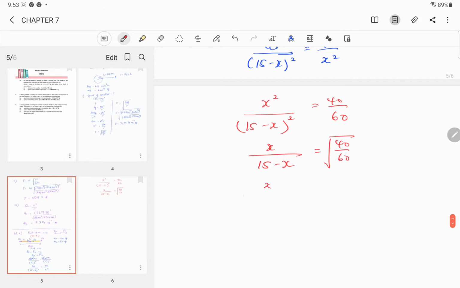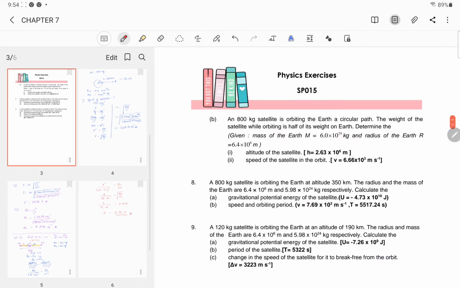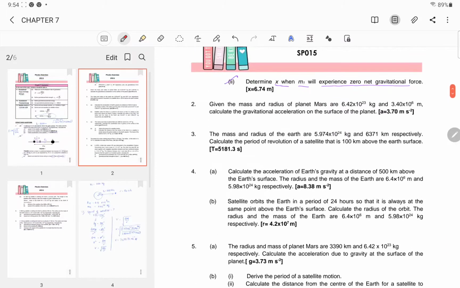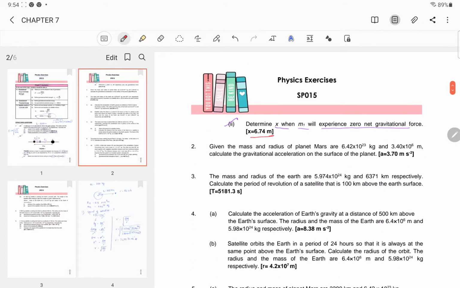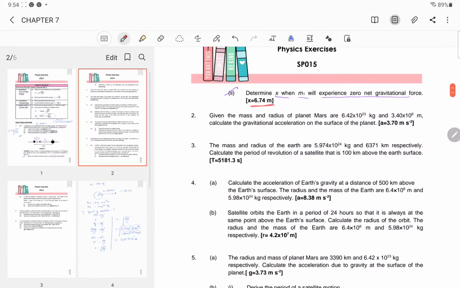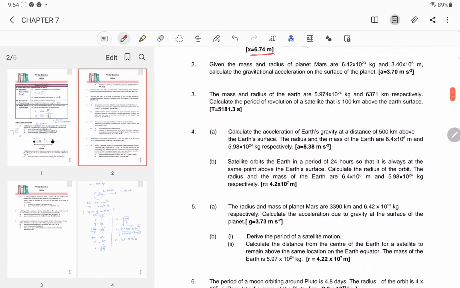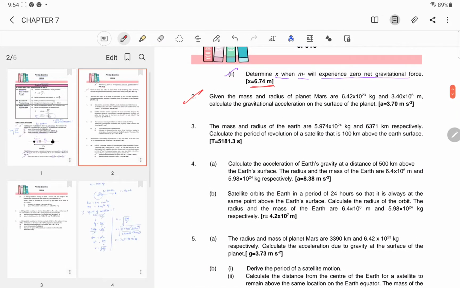So we have x over 15 minus x equal to 0.8165. So your x will be 6.74 meter. Okay, x is 6.74 meters. Okay, so macam tu lah. Tengok jawapan ni pada tadi. Alright, so seterusnya kita akan tengok soalan nombor 2.